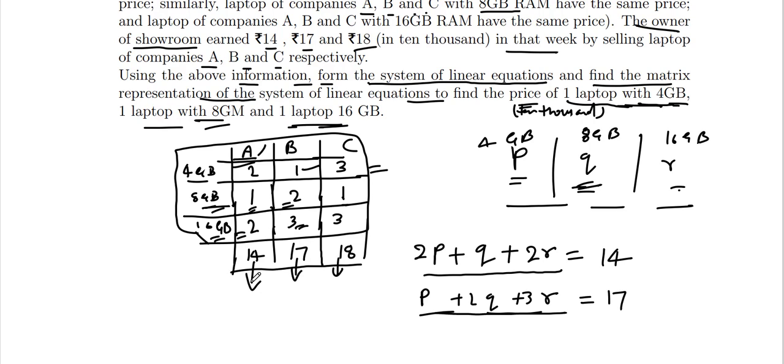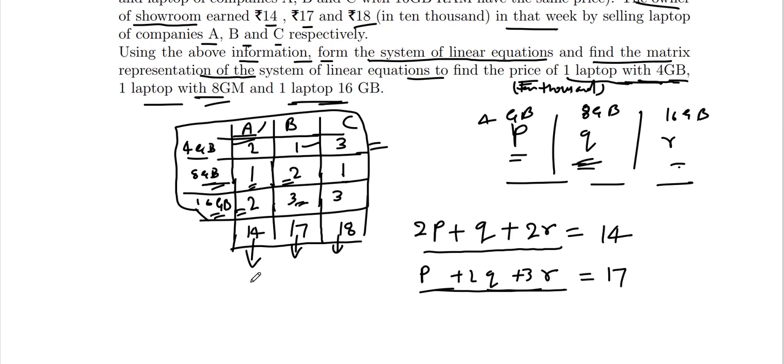Now let's look at company C. He sold 3 laptops with 4 GB, so this is 3P, plus 1 laptop with 8 GB, so this is Q, and 3 laptops with 16 GB, so this is 3R, and he earned rupees 18.